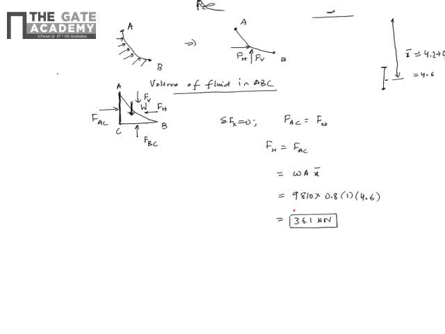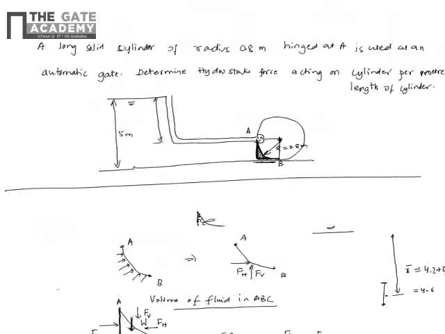Okay, so now I need to get the vertical force. If I balance vertically, FV plus W is the force at the bottom, FBC. So there are two things I need to know here: FBC minus W. So let's calculate. First is FBC, the force that is coming from the fluid on the surface.